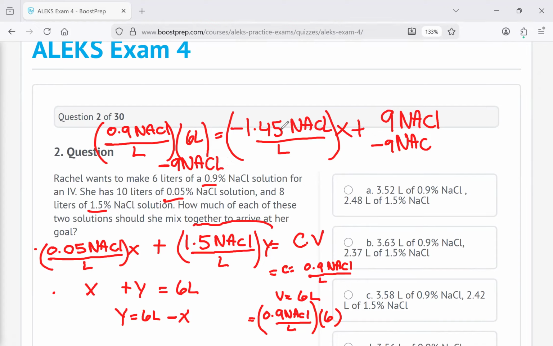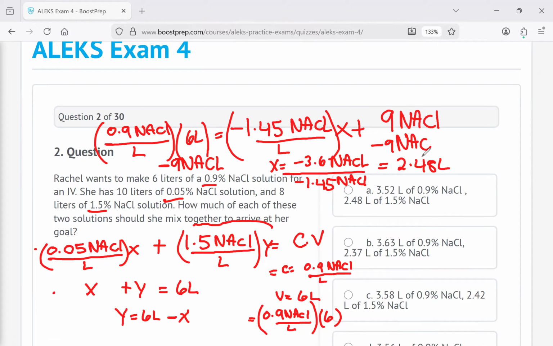And so when you solve for x, you're going to get x equals negative 3.6 NaCl over negative 1.45 NaCl, which equals 2.48 liters.